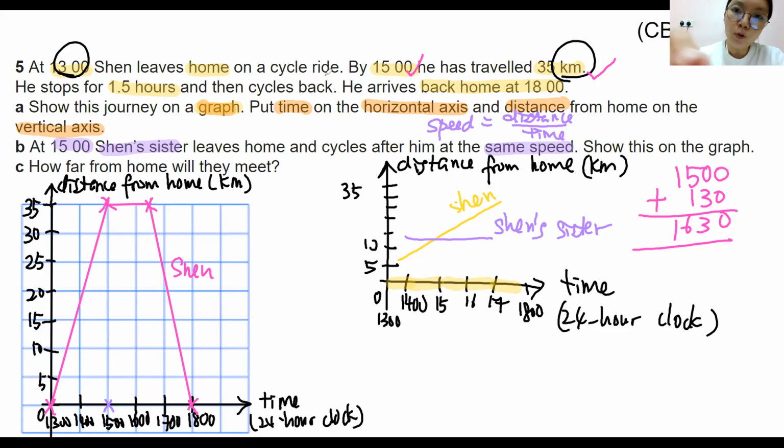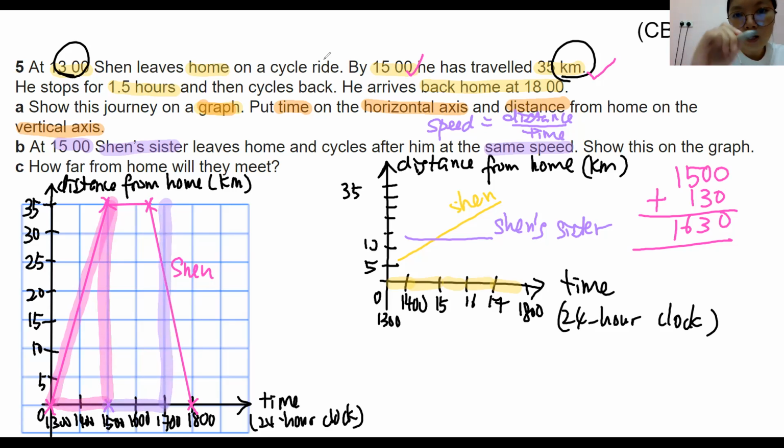So if I want to learn from Shen, Shen actually cycles with this steepness and this is the speed. So it is 2 to the right, 7 to the top. So if I want to portray Shen's sister, it is 2 to the right, 7 to the top.